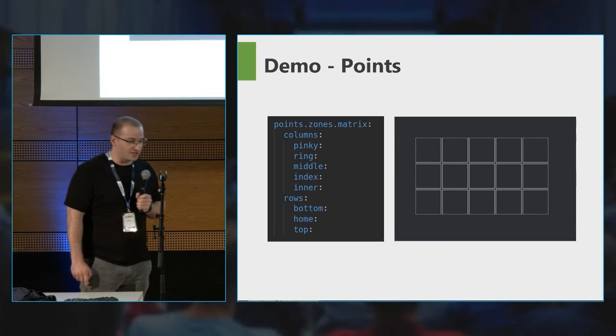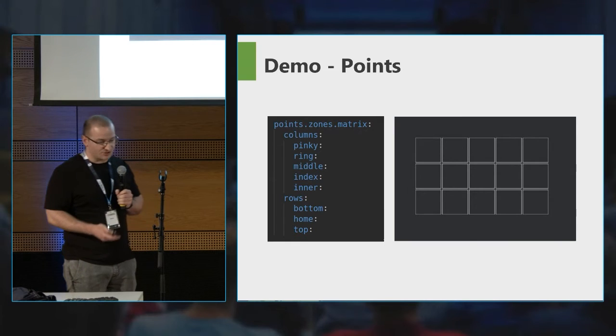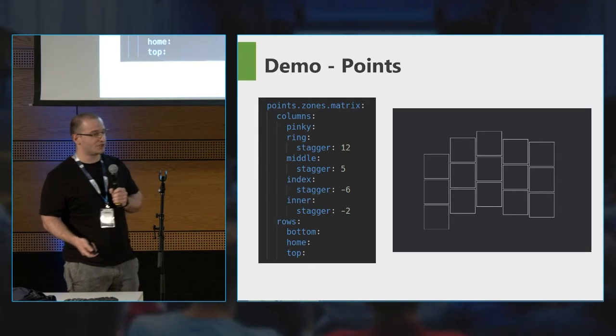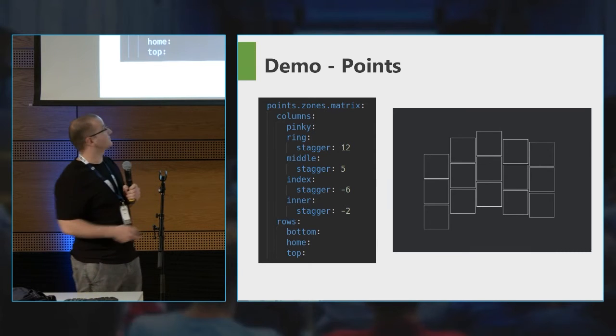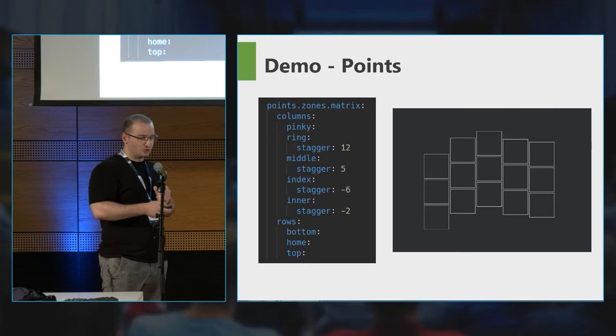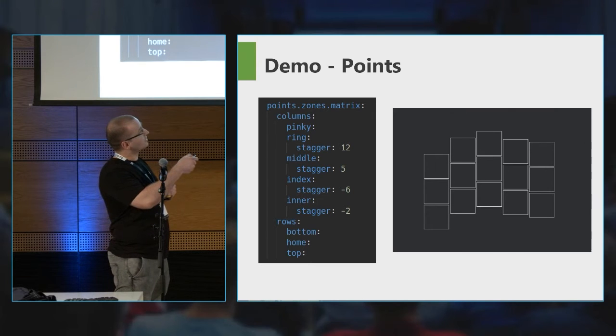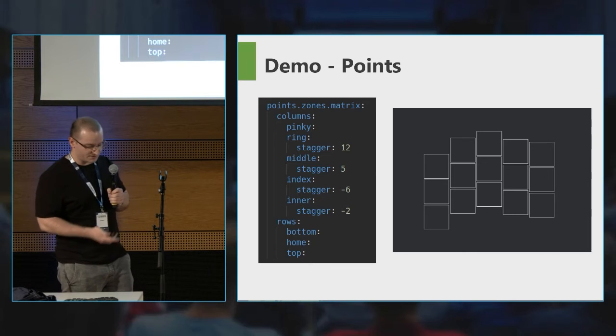Simple enough yet. Now, if we want to make it more Absolem-y, we could continue by adding the stagger amounts, which we can do by these attributes called stagger, the 12, 5, -6. These are added cumulatively, so it leads to this kind of stagger between the columns to mimic the different finger lengths.